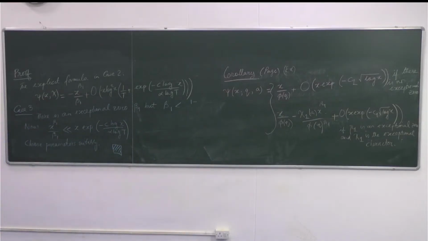For it to be really a main term, it has to be bigger than the error term. If the main term becomes smaller than the error term, then the error term is not an error term. So it should neither become smaller than the error term nor even equal to it. That's what creates the problem of why I said that having an exceptional zero makes the choice of the range of Q bad.